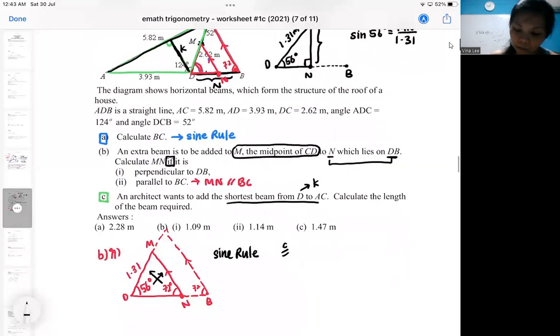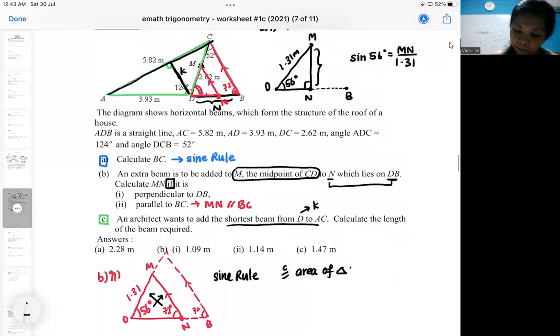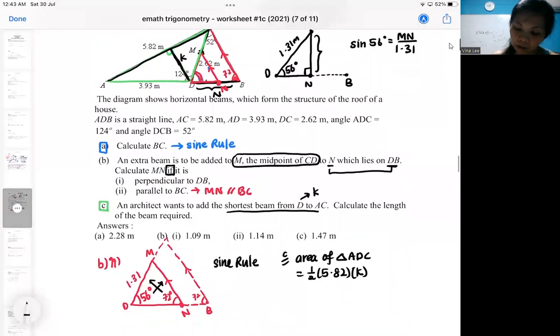So for part C, I'm going to formulate the area. Area of triangle ADC, I'm going to do half times base times height. My height is the shortest distance. So that is my area.